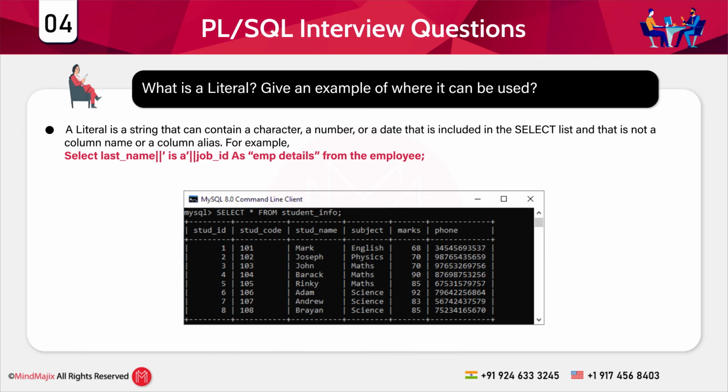As an example, we have written select last name, and in single quotes we have written is a, and then you have mentioned the job ID as employee details from the employee. So this is how you use a literal in your query.